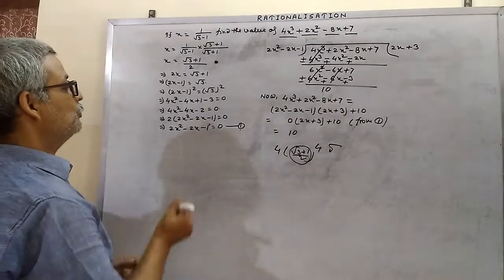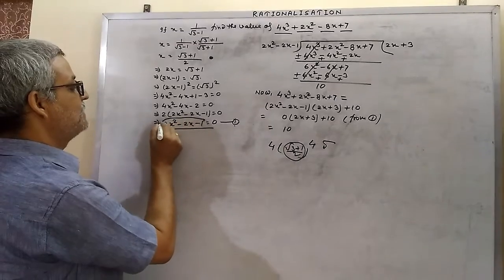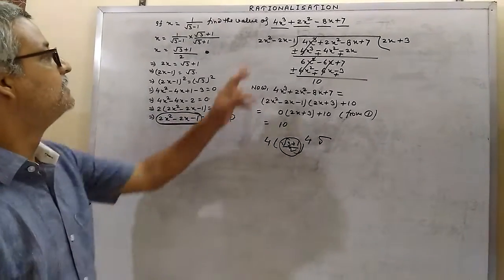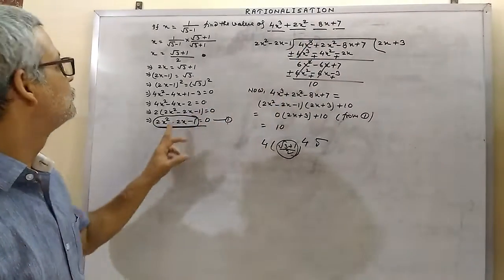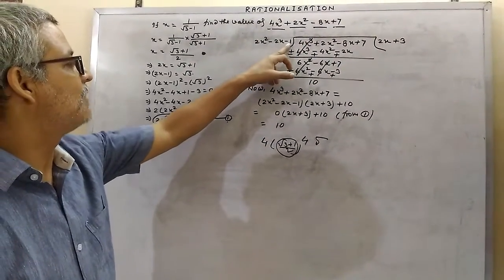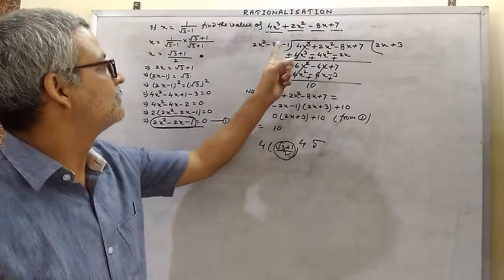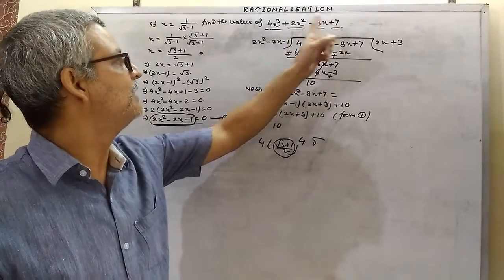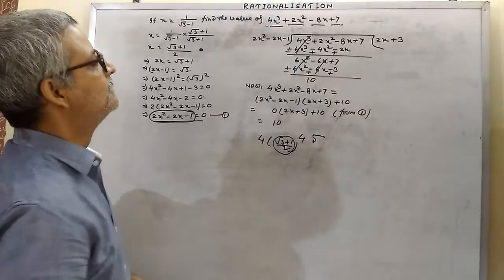Now with this result 2x square minus 2x minus 1, we will divide the expression whose value is to be found. So we divide 4x cube plus 2x square minus 8x plus 7 by 2x square minus 2x minus 1.